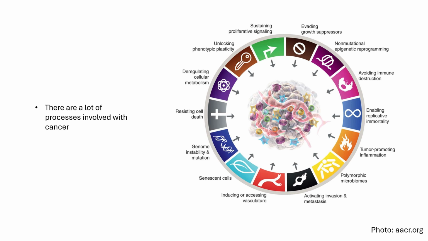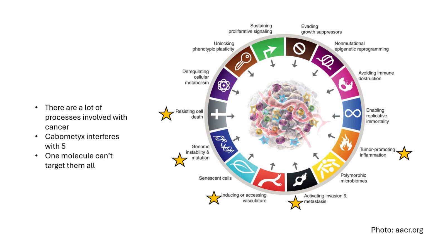One more thing we should all know is that the pro-cancer processes that Cabometyx covers are not all the pro-cancer processes that exist. They are also not all the receptors known to be involved in each of the targeted biological processes that we just talked about. Trying to target every single receptor is not possible for one molecule and would require more than one medicine.